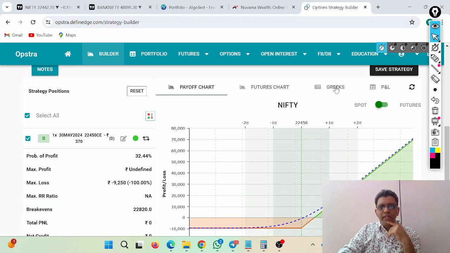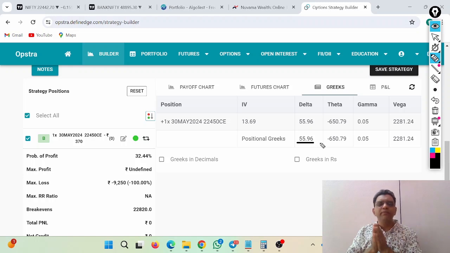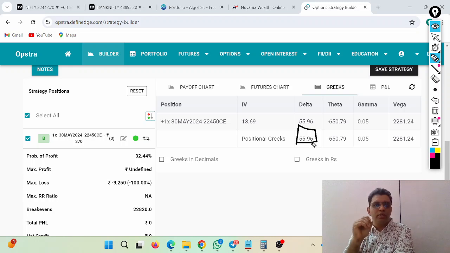And if you look here, this is called the Greeks, and its delta is 55.96, or you can say 55. That means, what does this 55 tell? This 55 tells you if Nifty goes up by 100 points, then my 22,450 call option will go up by 55 points.